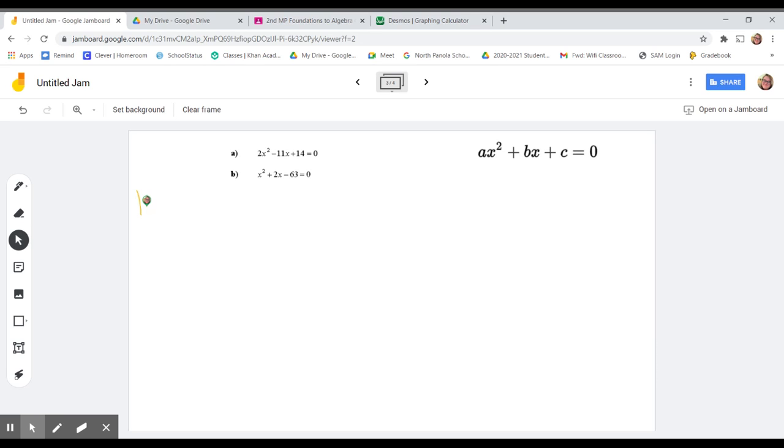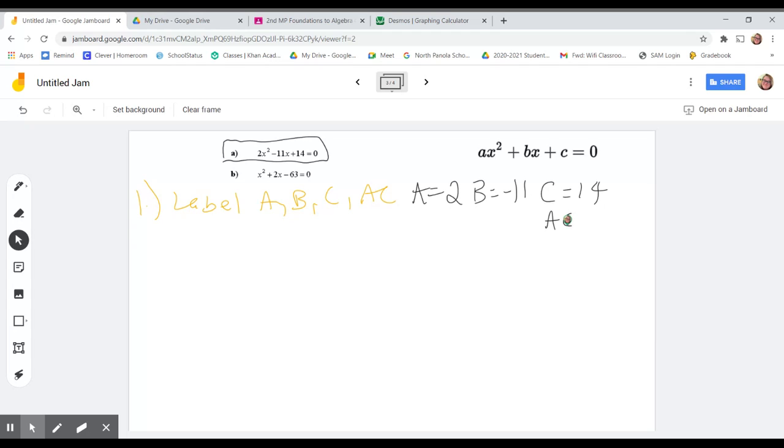So, step number 1 was label the a, the b, the c, and the ac. So let's go ahead and do that. So a, looking at this problem right here, is going to be 2. b is going to be negative 11. And c is going to be 14. Okay, and then my ac is going to be 2 times 14, which is 28.